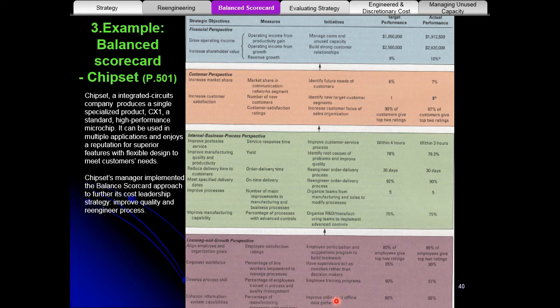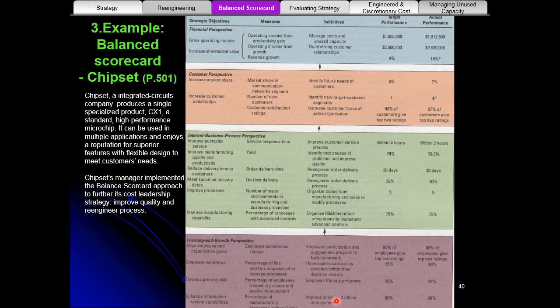So Chipset had a certain strategy, and from the customer preference map we determined the different focus of cost management techniques that Chipset might undertake, like process value analysis, design analysis, functional analysis, those areas of value engineering that is consistent with its strategy.